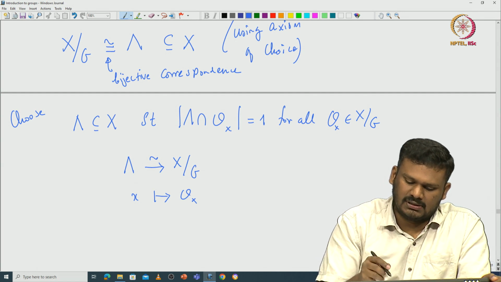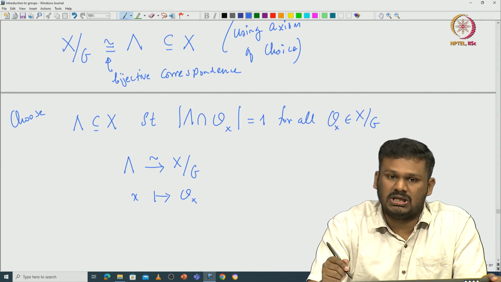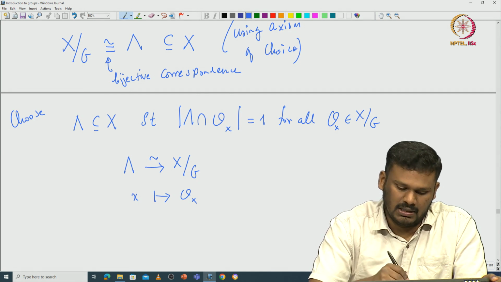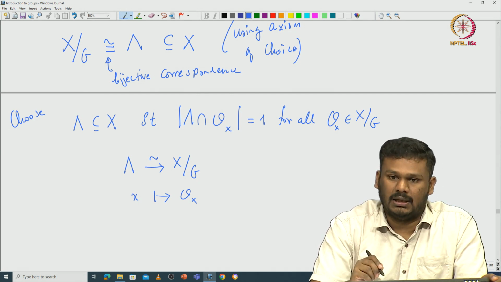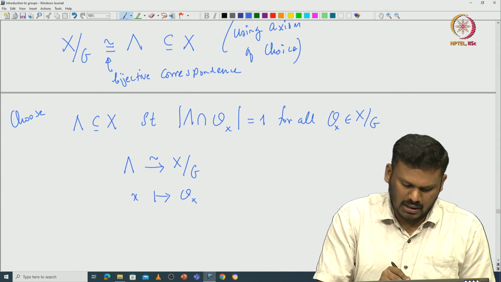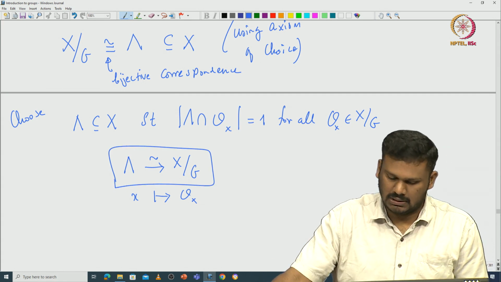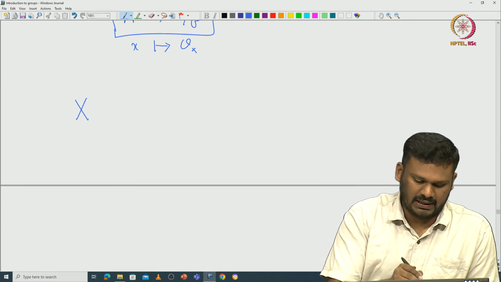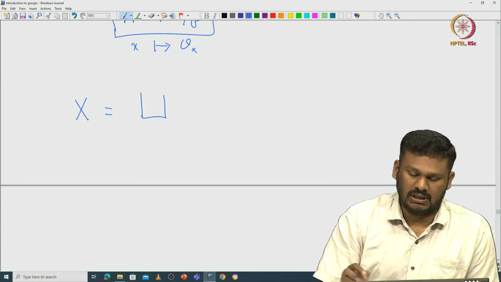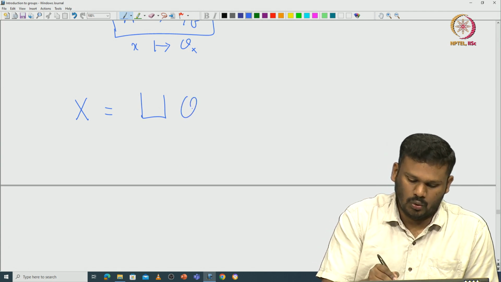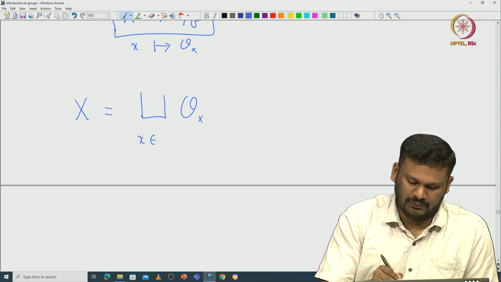So, sometimes we identify this X mod G with capital Lambda and work with that. It will be very important to determine what this capital Lambda is. We will do that in many of the examples that we have seen earlier. But this is something very important. In particular, when I write this orbit decomposition, I write X as a disjoint union of O_x, where x comes from capital Lambda.